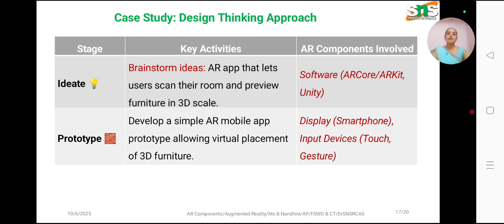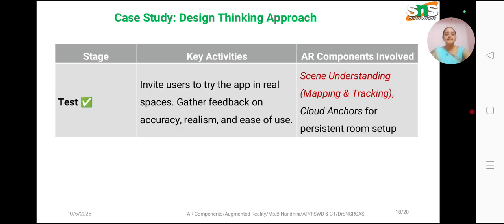And the next one is prototype. In this prototype, it is a build stage. It involves developing simple AR mobile applications with the help of 3D furniture. We can use the display component and also input devices. And the final stage is test.